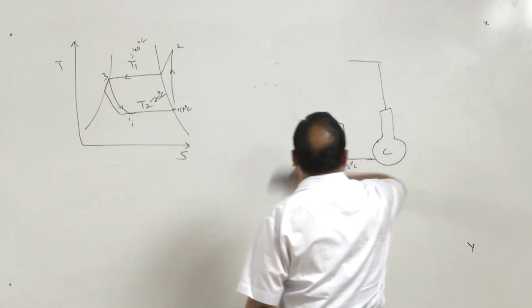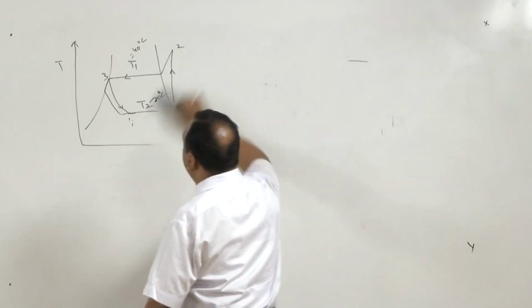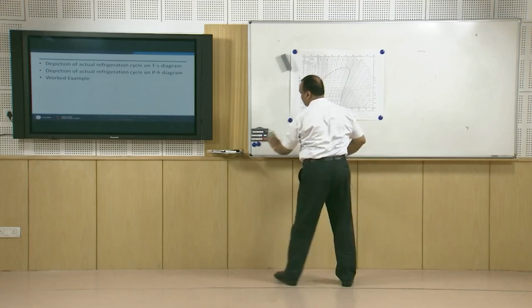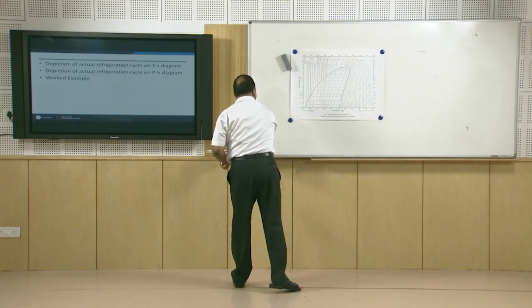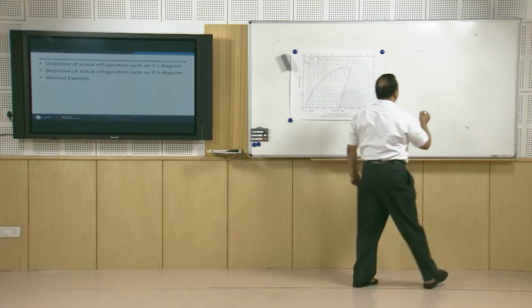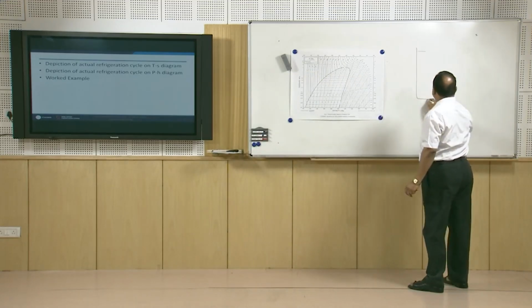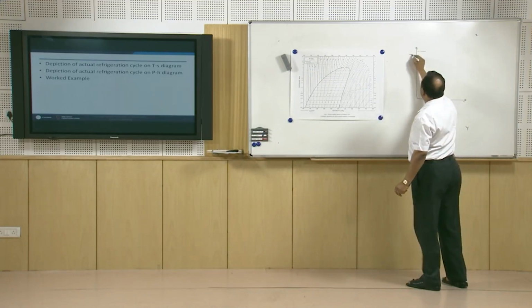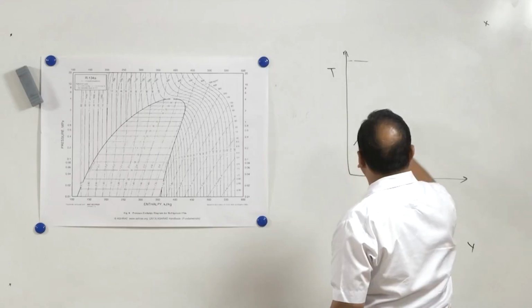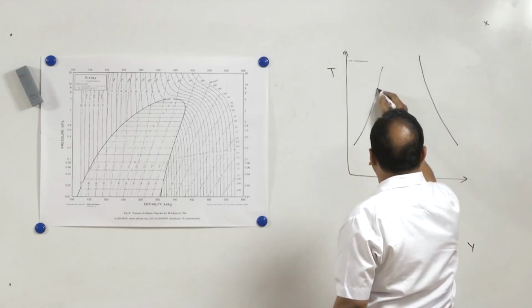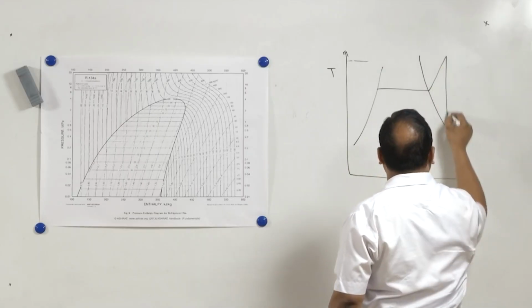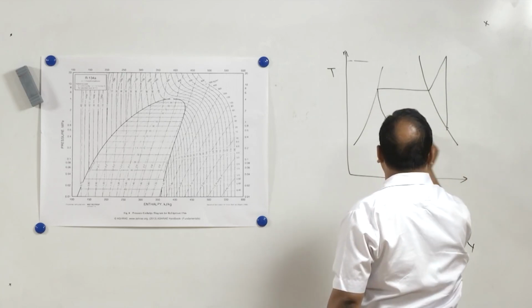Now, if I want to transfer these processes on the pH diagram, let us take the processes one by one. Temperature entropy, superheating, saturated, then expansion.